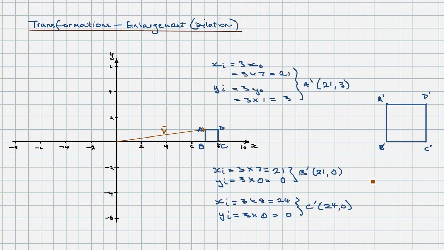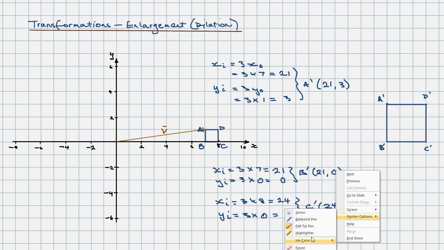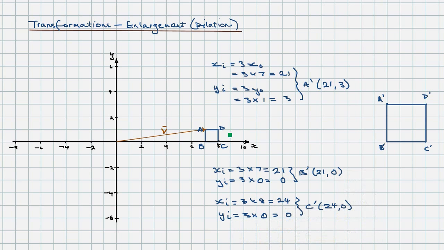How many vectors do we need to now draw to get to A prime? Well, this vector is 7 along and 1 up. So we've got 7 along, 1 up. We're going to draw it to there.